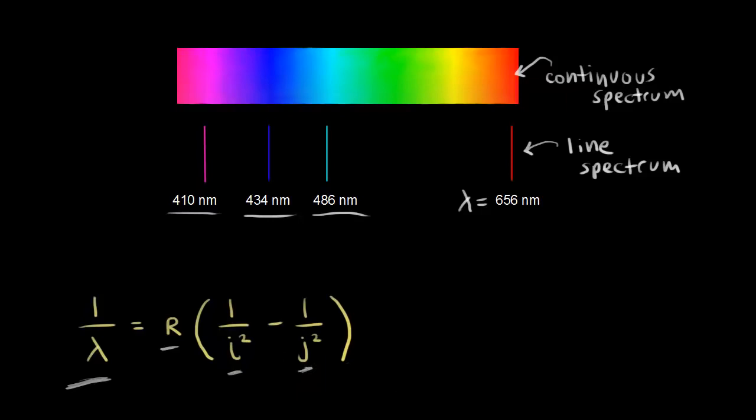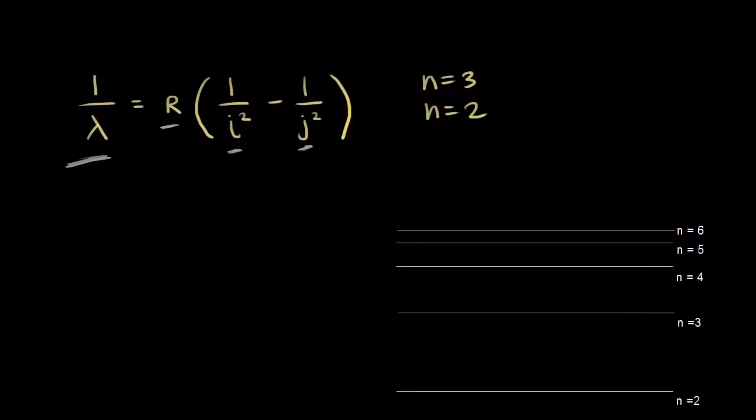For example, let's say we were considering an excited electron that's falling from a higher energy level, n equals 3, down to a lower energy level, n equals 2. It's going to emit light when it undergoes that transition. Let's look at a visual representation of this, and then see if we can calculate the wavelength of light that's emitted.